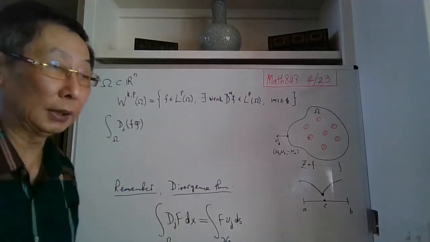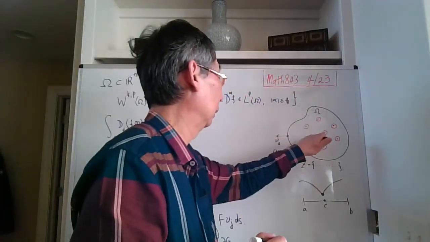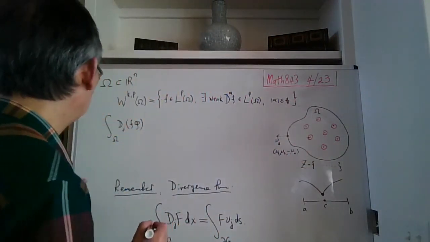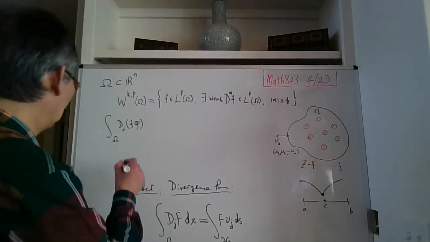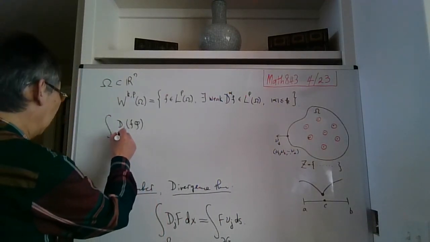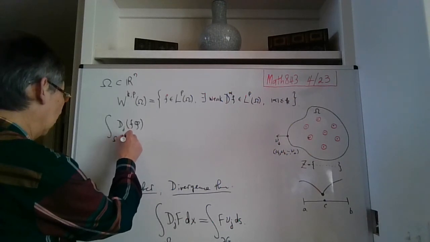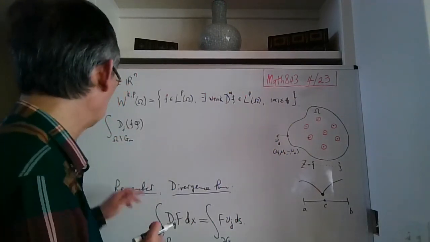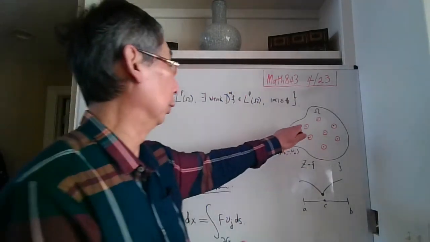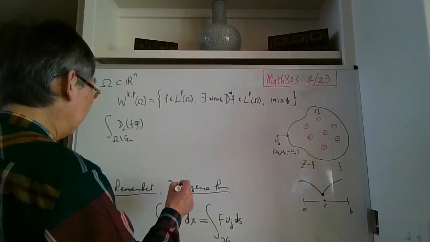However, you can see that the derivative of f does not exist at these special points, so you cannot integrate this directly on Omega. So let's remove these points, by removing the entire G_m. Once I remove G_m, it removes all of these points, and then I apply the divergence theorem.